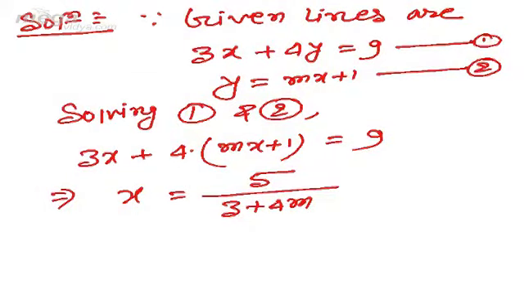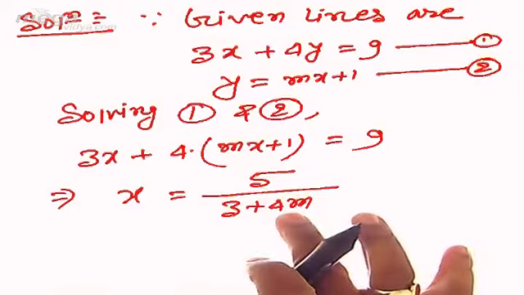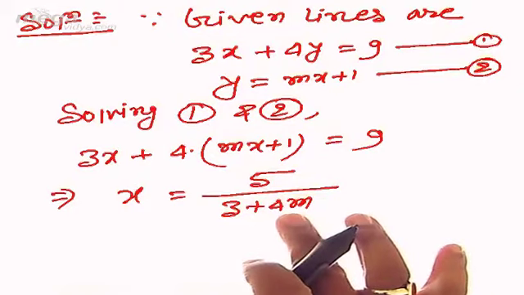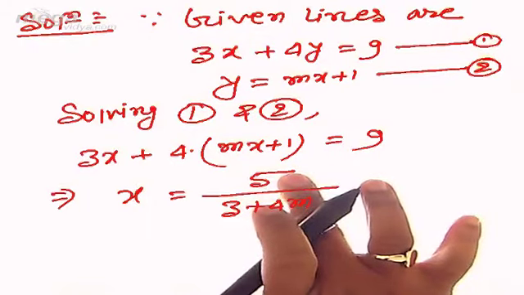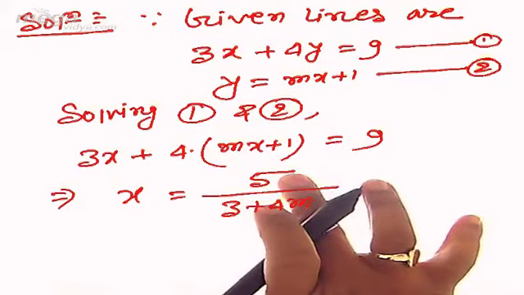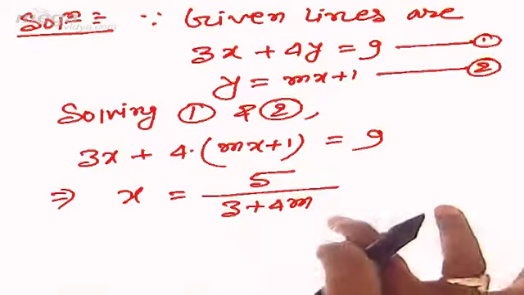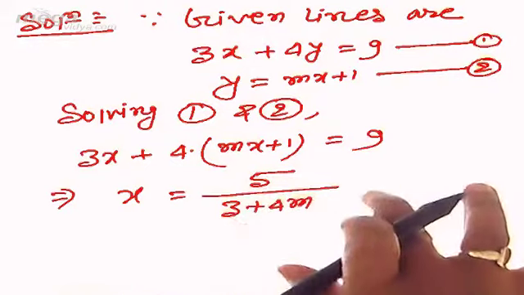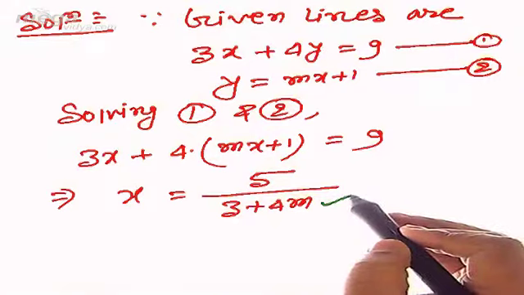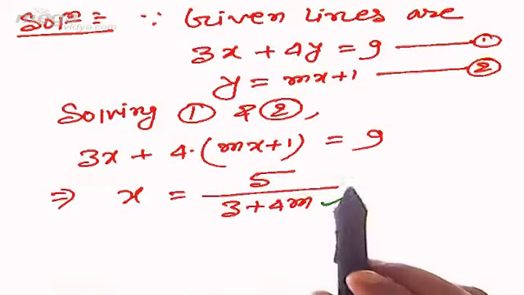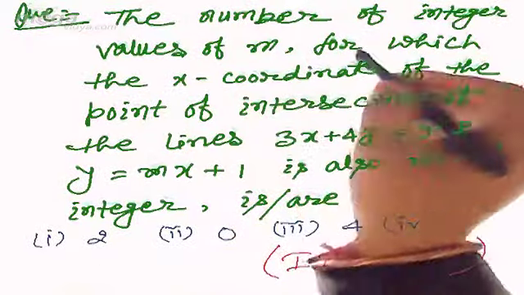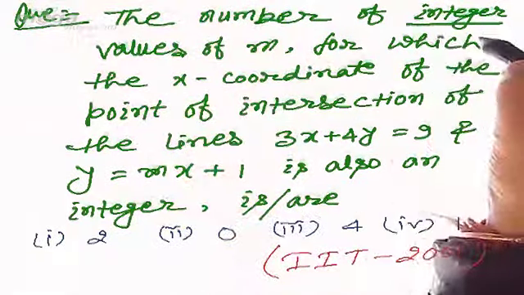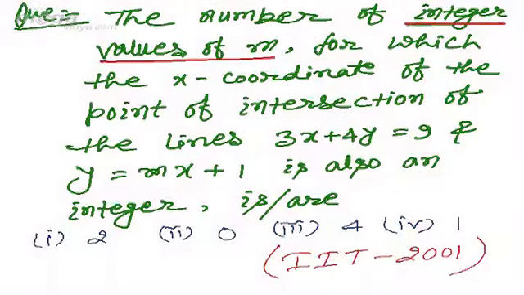And according to the question, this 5 upon 3 plus 4m should be an integer. Now student, the numerator is 5, which is a prime number. So to get this result as an integer, we need 3 plus 4m to be a divisor of 5, and according to the question the number of integer values of m means m is also an integer.